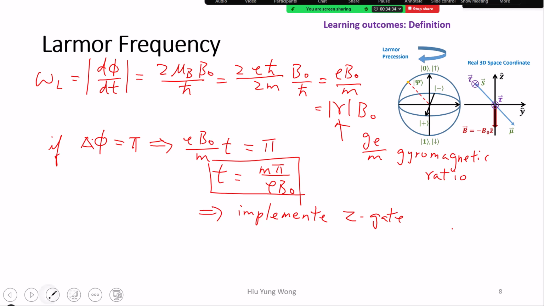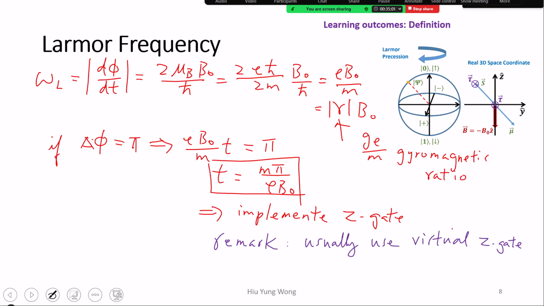Now, of course, in real quantum computing, I need to remark, usually we don't need a Z gate. It's important to understand Larmor frequency because you need to learn about detuning later, right? And also this is very fundamental, right? But usually they have the so-called virtual Z gate.